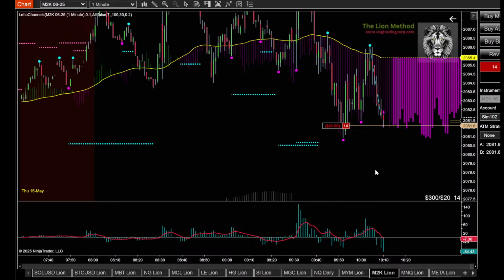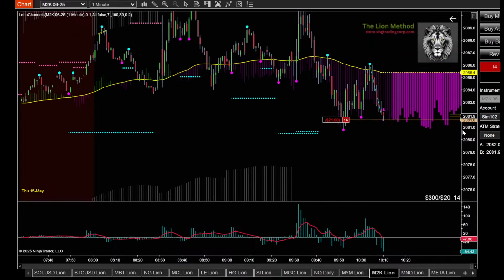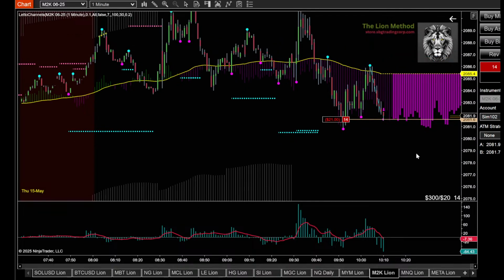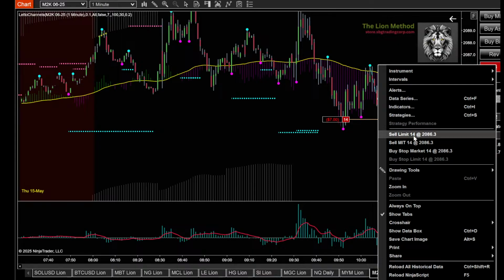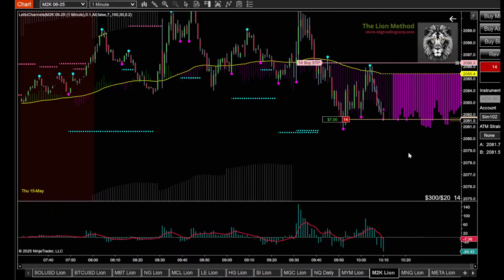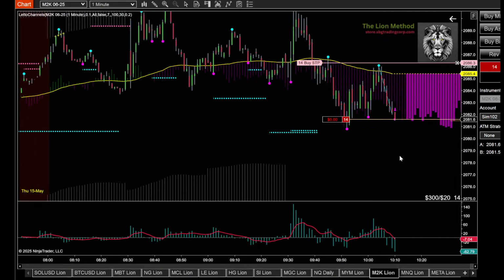All right, so we are short with 14. We're going to see where the target is. Our stop is up here, so we'll put a stop above there. In a minute or so, we will have our target.